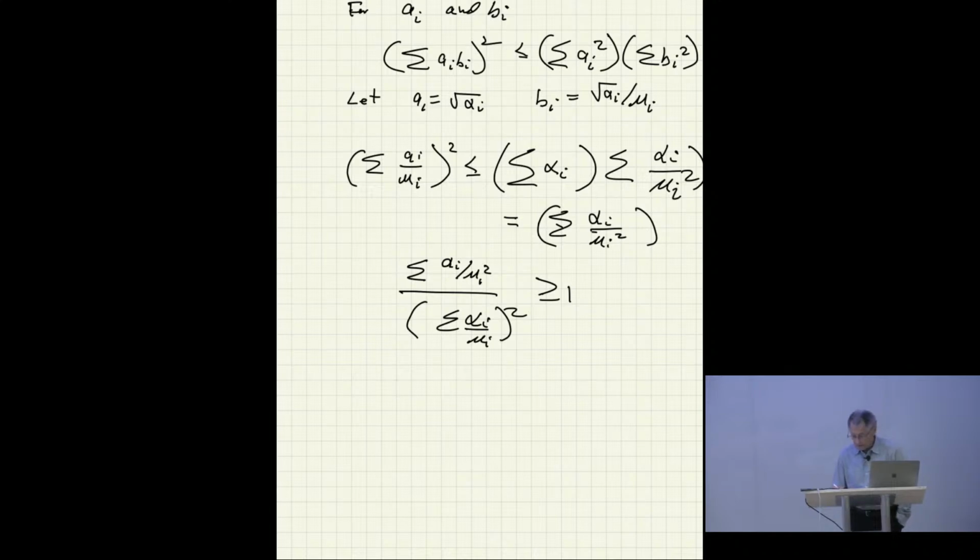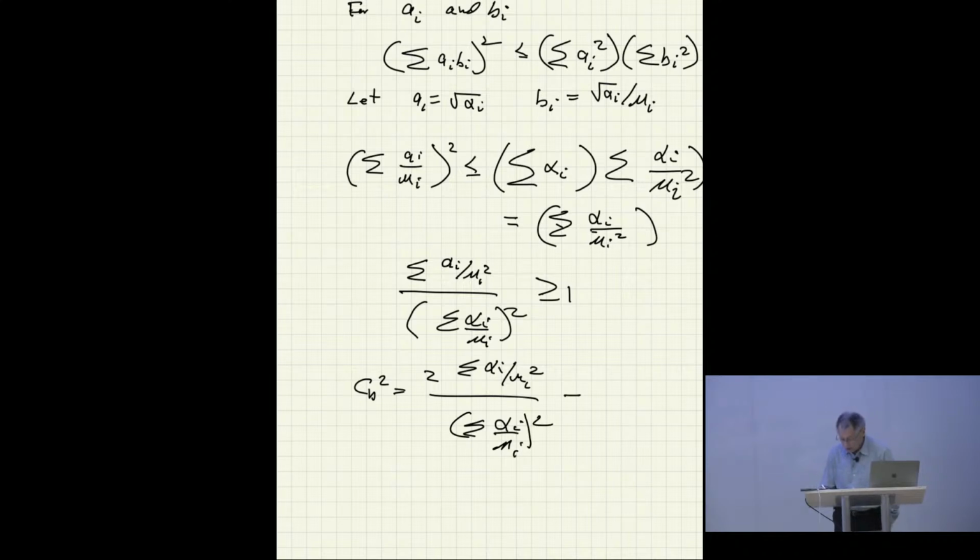In other words, C b squared, which is twice the summation alpha i over mu i squared over the sum squared, minus 1, is greater than or equal to 1. This thing itself is greater than or equal to 2, so this whole thing is greater than or equal to 1. So yes, I get a coefficient of variation which exceeds 1.